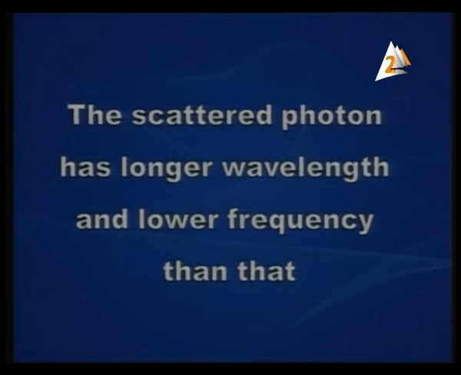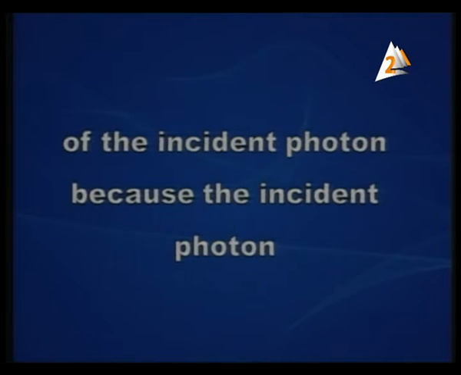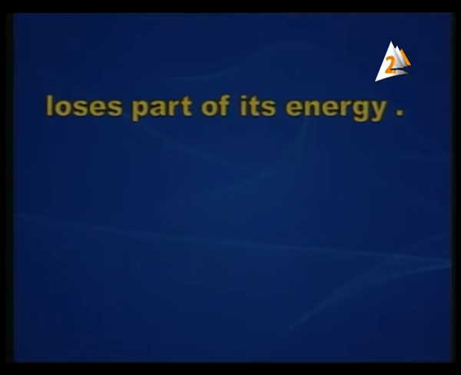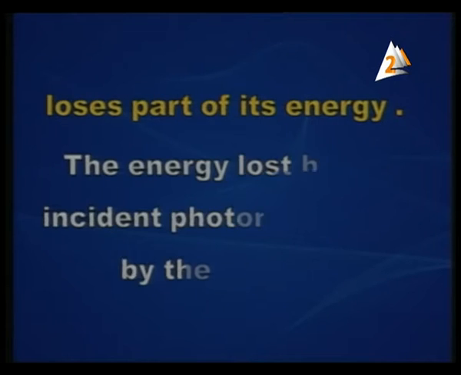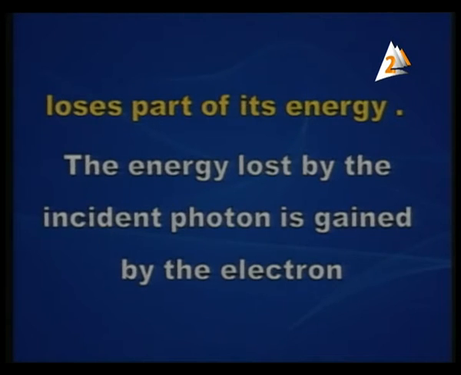The scattered photon has longer wavelength, lower frequency, and lower energy than the incident photon, because the incident photon loses part of its energy. It gives part of its energy to the electron. The energy lost by the incident photon is gained by the electron.